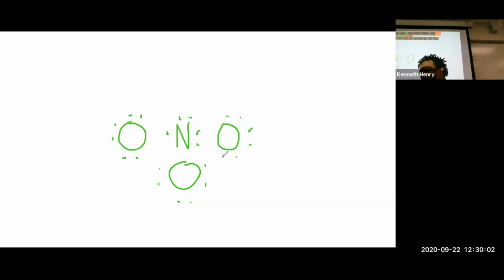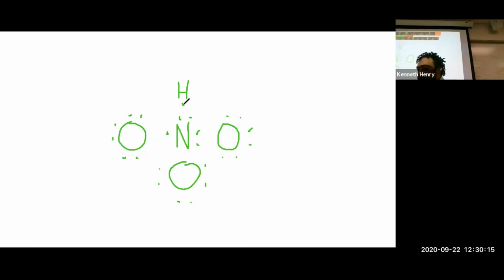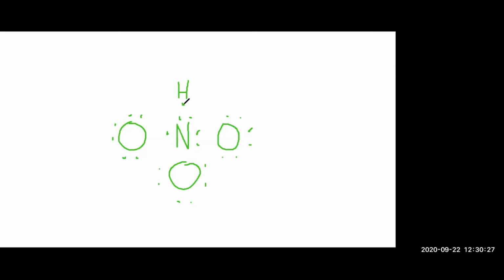Okay. So, and we also have a hydrogen, right? Yeah. Okay, so is there any way that we can make this work? How many total electrons do we have? 24.